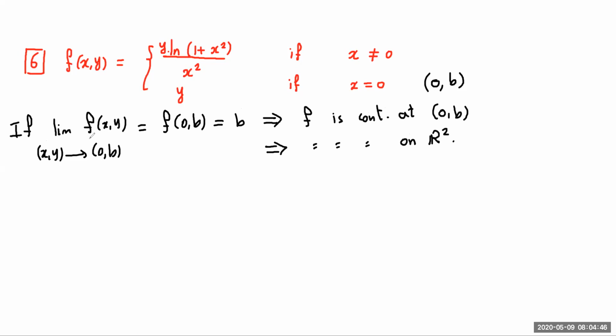Okay, so let's calculate the limit of f(x,y) when (x,y) approaches (0,b). So I will take this formula here. So remember that when x approaches 0, what is the limit of this term? Let's write in blue.